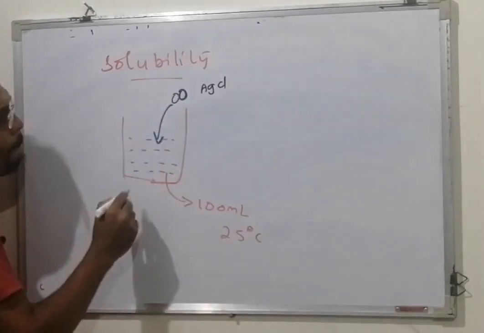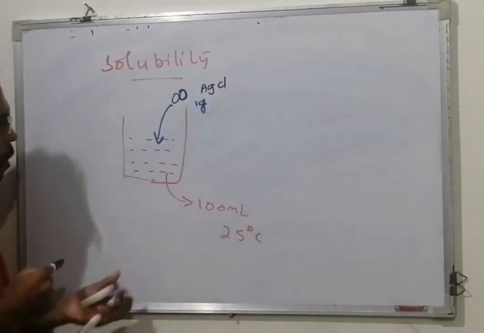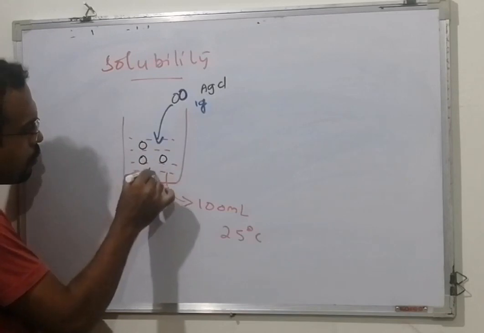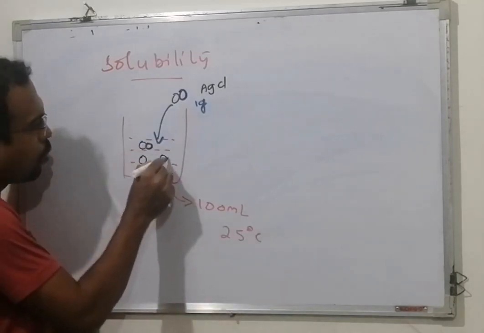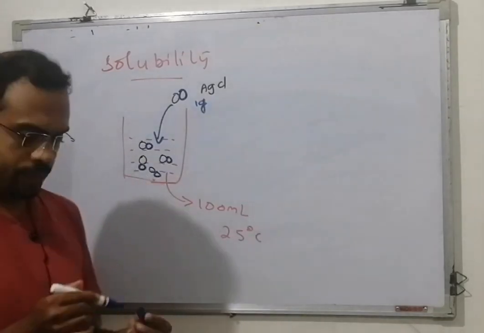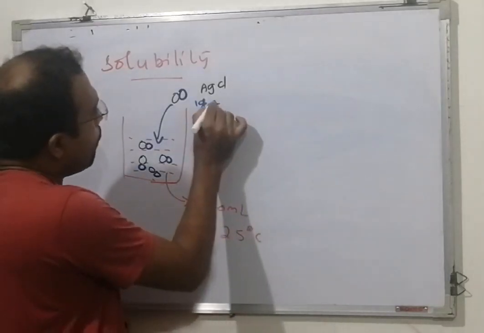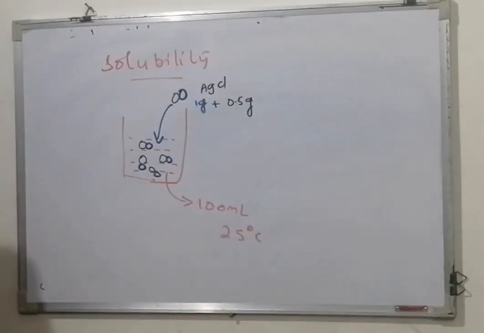You add 1 gram. All AgCl dissolved. Now you add 0.5 gram more.